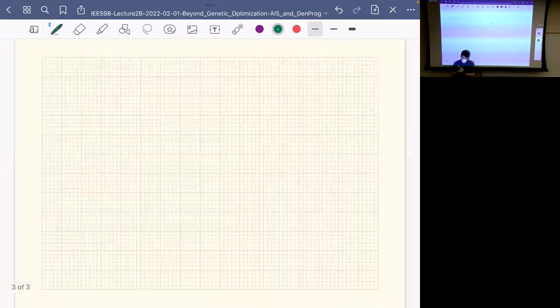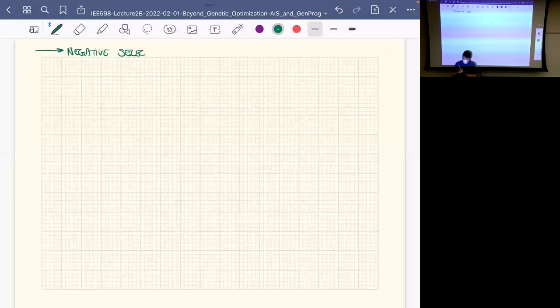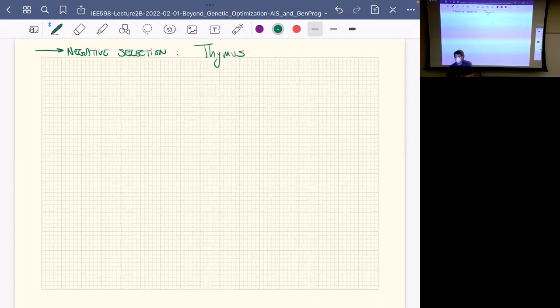So for negative selection, the background here is, in part to answer this question, that there is an organ called the thymus, right around here. When all of these antibodies are created, the first thing they do is get shuttled into the thymus for processing.